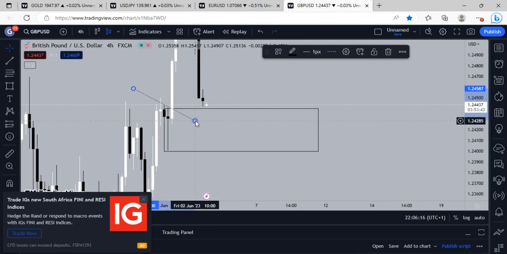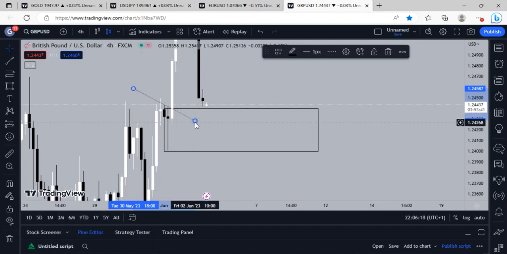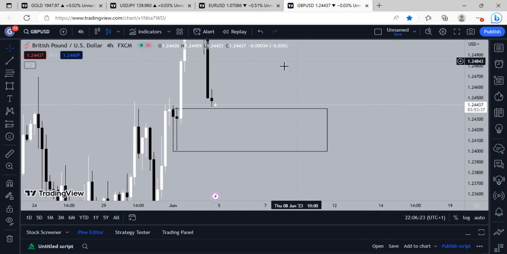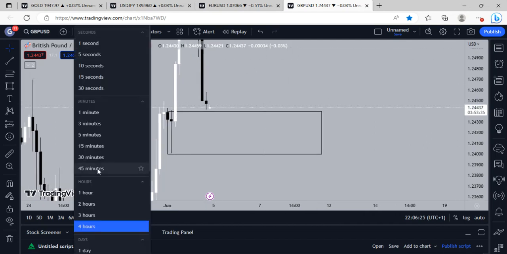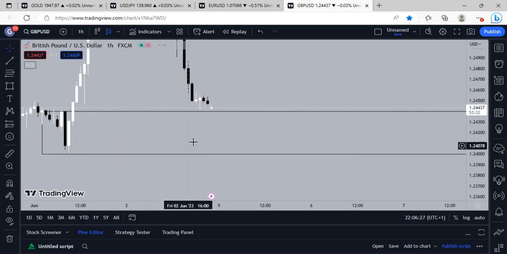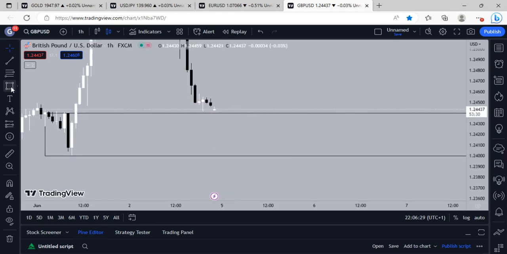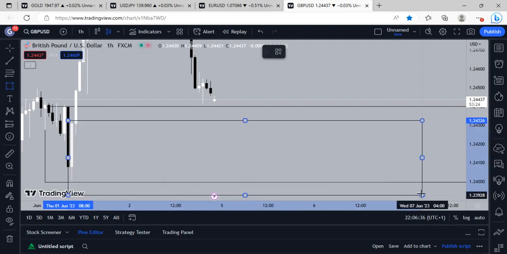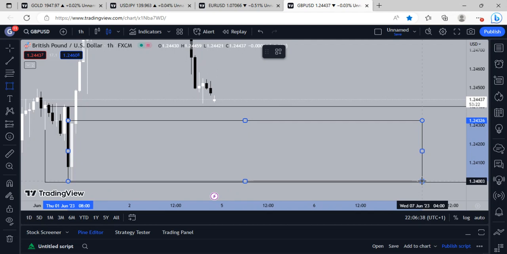So I want to see what price will do when it gets there. All right, so before placing any more sells, I might be placing a sell at a POI inside this block. Okay, and to refine it, there you go.